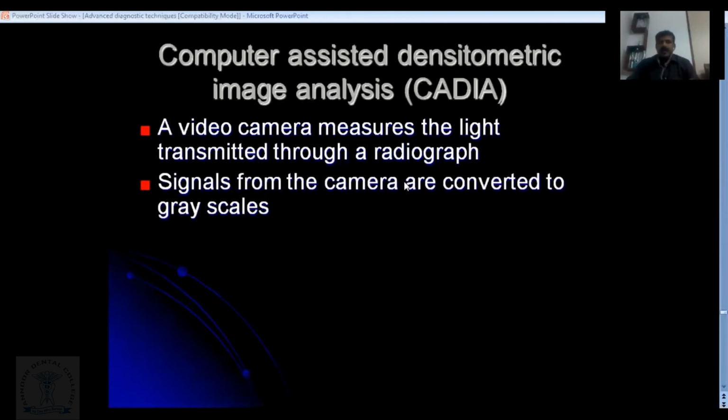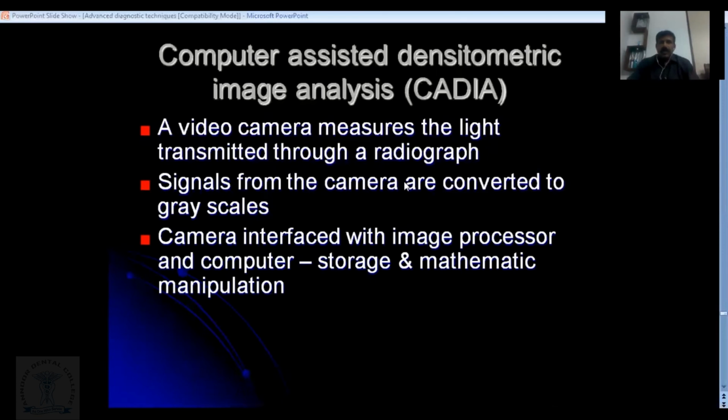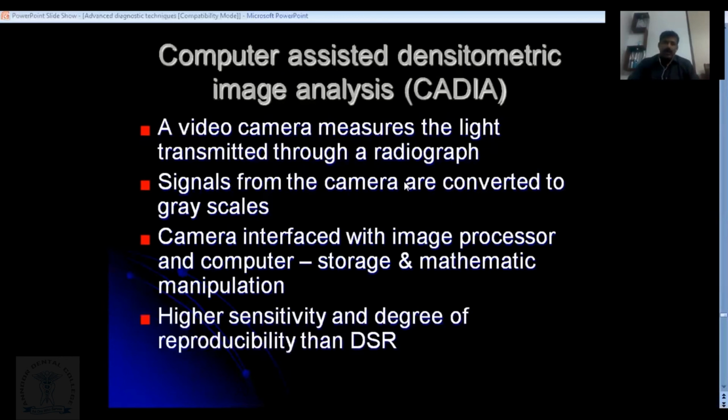These signals on the camera are converted into grayscales, and this is interfaced with an image processing computer. All the storage and mathematical manipulation is done by this computer, and then you get the minute changes in bone loss. So that is basically what you do in CADIA, computer assisted densitometry.